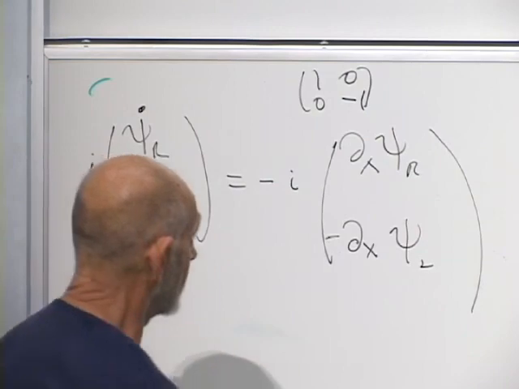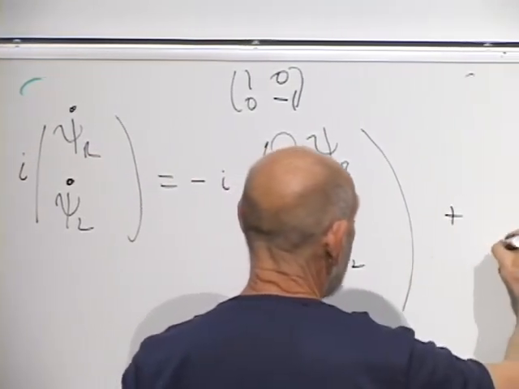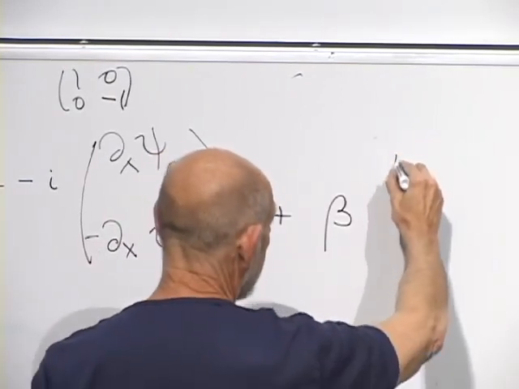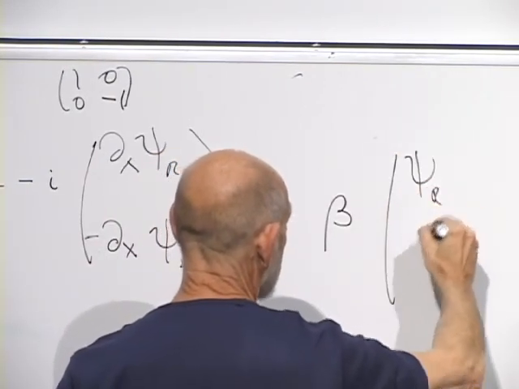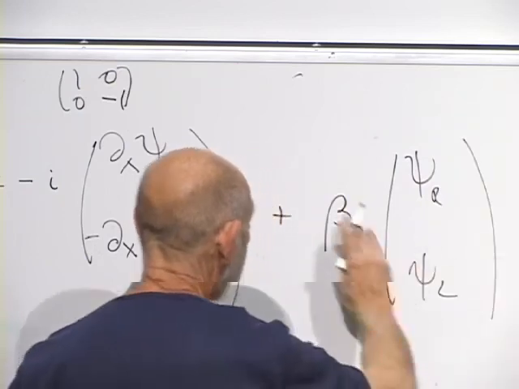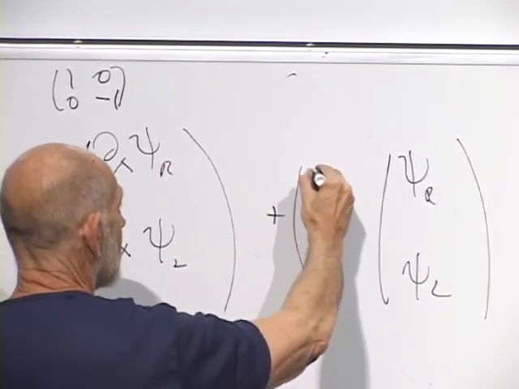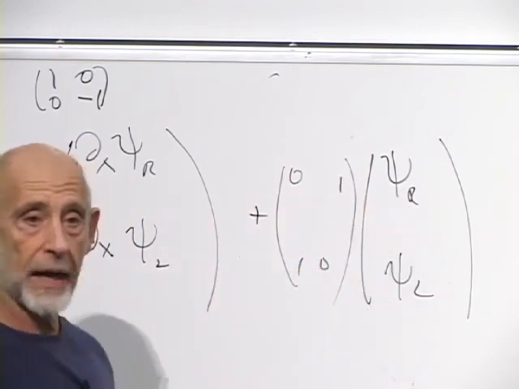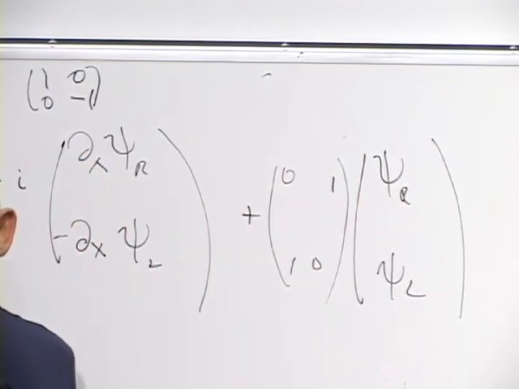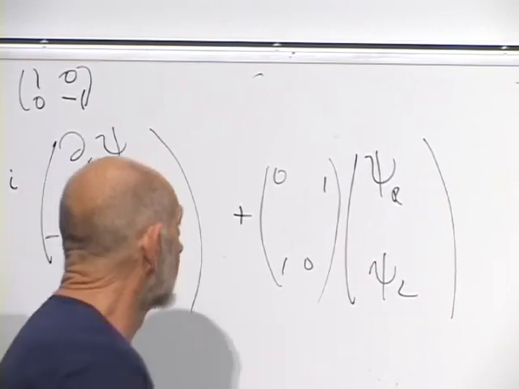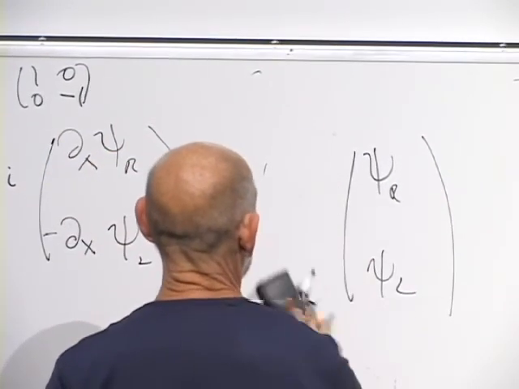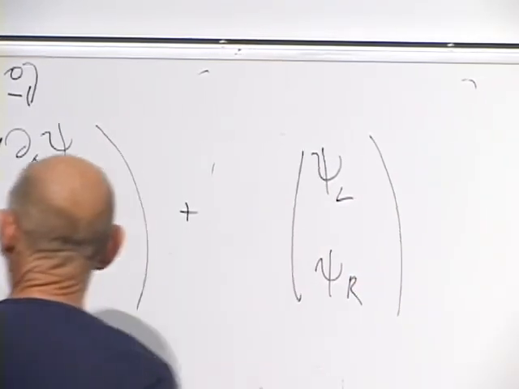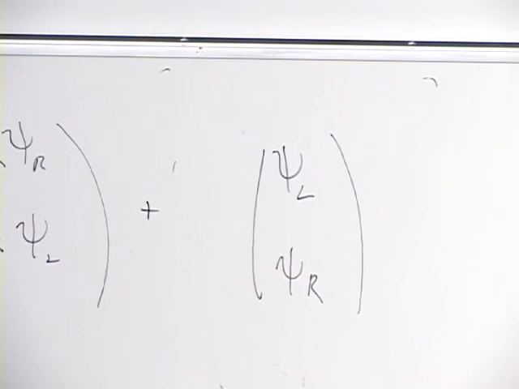But now let's write the other term, plus beta times psi itself. Beta times psi right, psi left. What is beta? Beta is the matrix 0, 1, 1, 0. What does this matrix do when it acts on psi right and psi left? It flips them. So let's just do it. Psi left, psi right. And now we see what the various equations are.